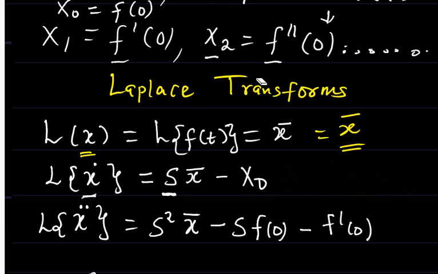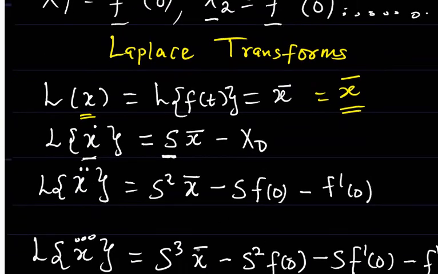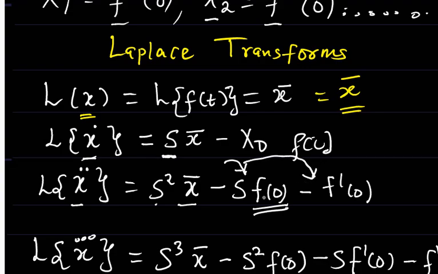Now, this is the Laplace transform of the first derivative, that is s x bar minus x 0. For the second derivative, I have s square x bar, then this s reduces to s raised power 1, and then I start with f of 0, and the s in this case reduces to s raised power 0.